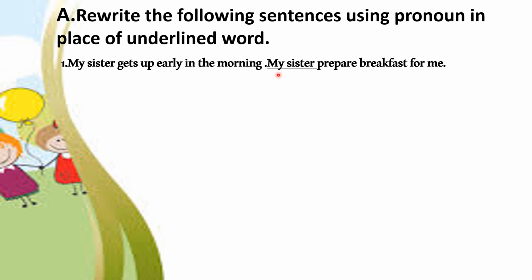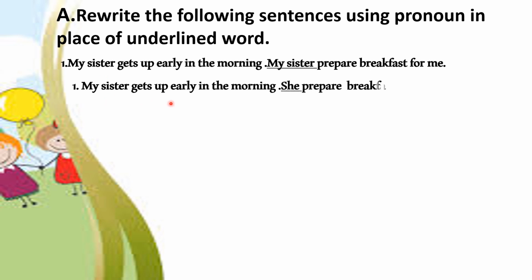So here we have to use a pronoun instead of my sister. Let's see the answer. She gets up early in the morning. We have used she in place of my sister. She prepared breakfast for me.